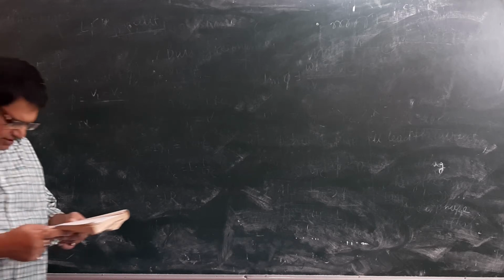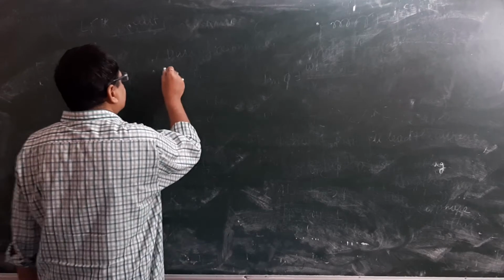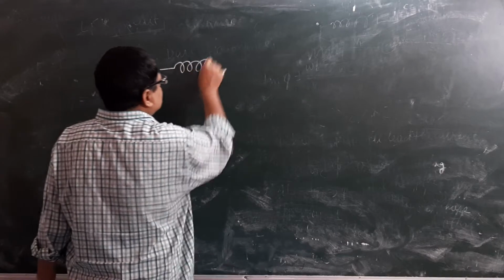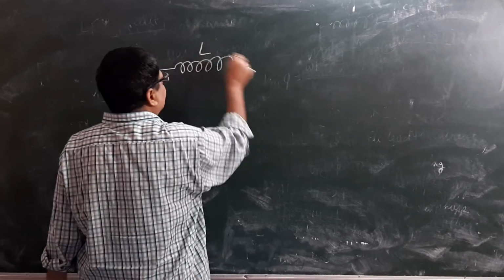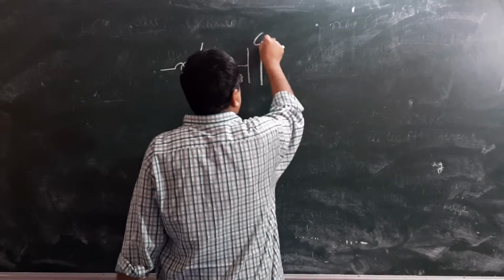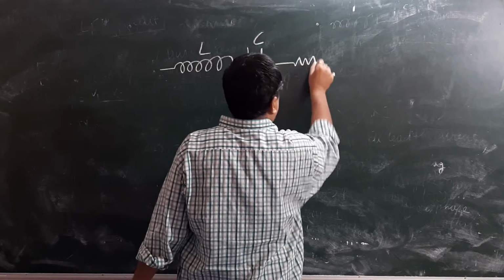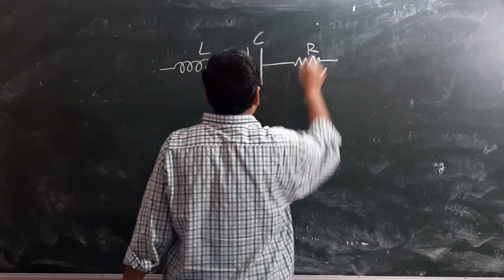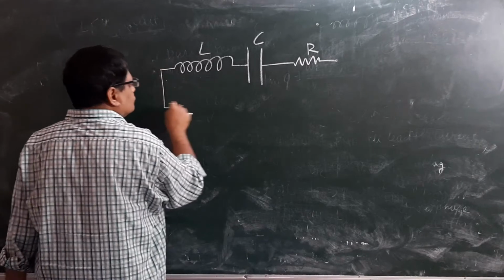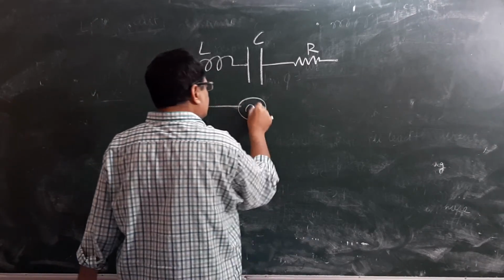That's a numerical. It is given that there is an LCR circuit. So this is L, this is C, and this is R. It is connected to an alternator.